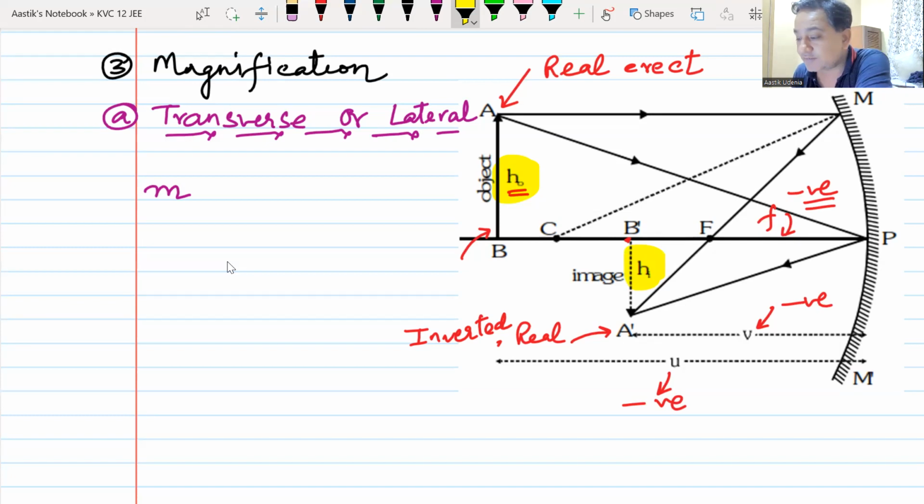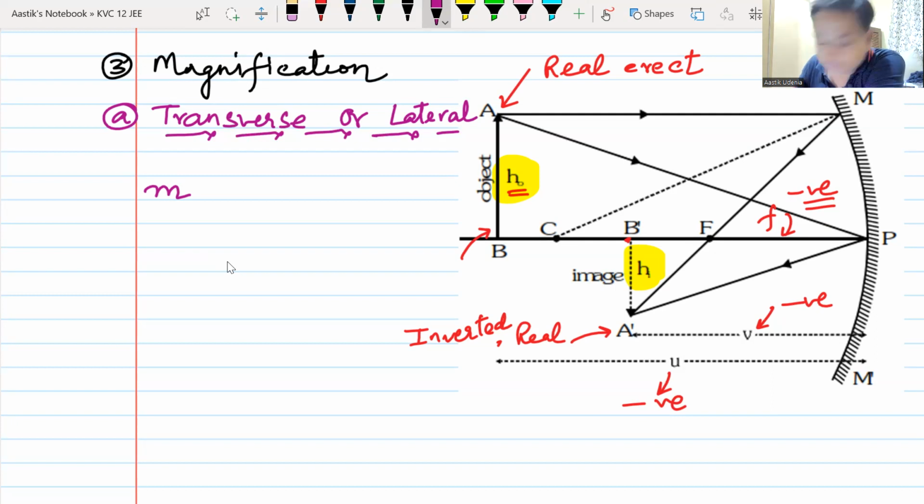Tell me, what is lateral or transverse magnification? No one knows it? Anyone knows?